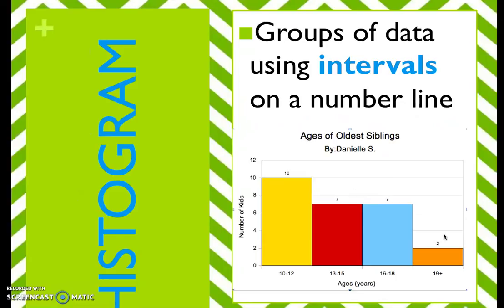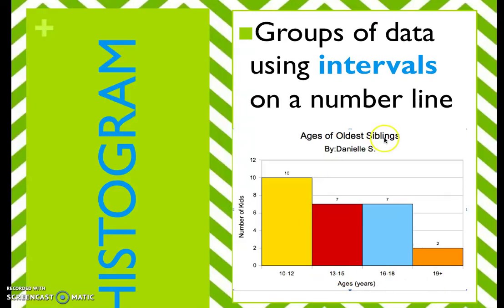All right, a histogram is a new one that you might not have seen before, but it looks very similar to something you have seen before. It looks very similar to a bar graph. Okay, but a histogram are groups of data using intervals on a number line. Okay, so if you take a look at the histogram, it's only a smidge different than a bar graph. A bar graph has space in between, and it only has a single number on the bottom.